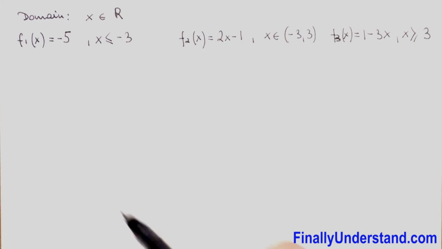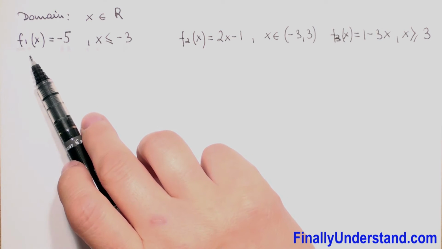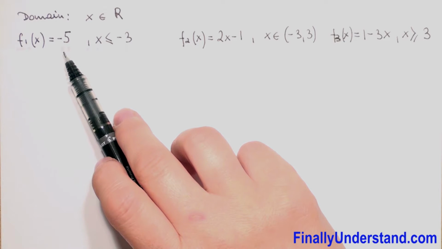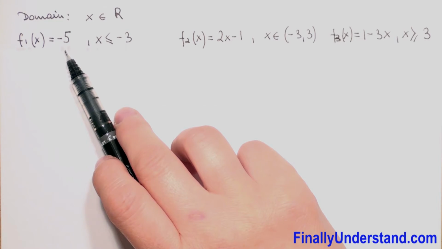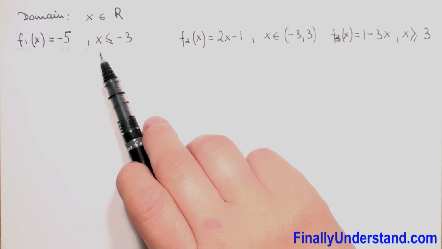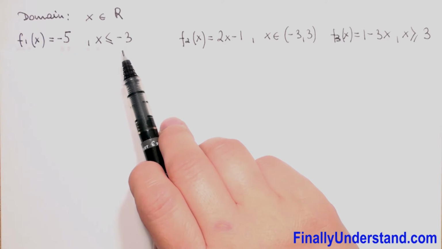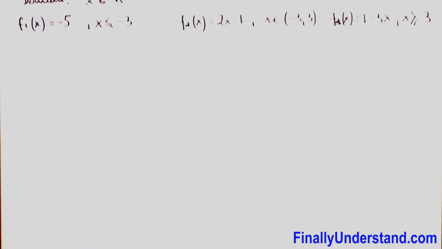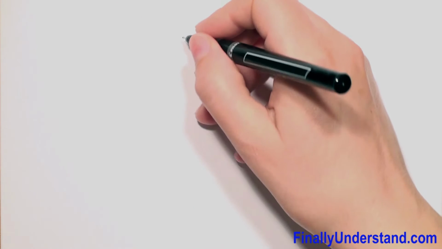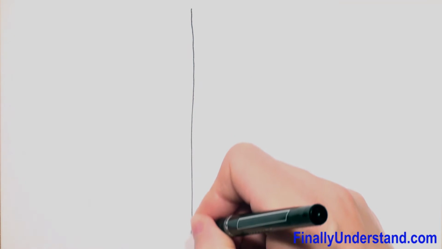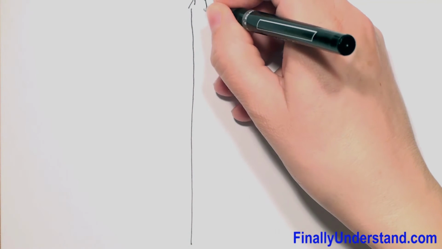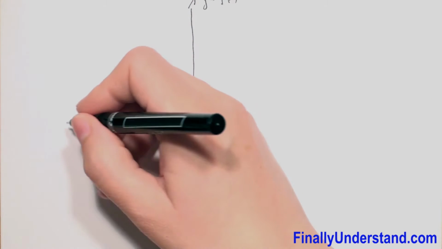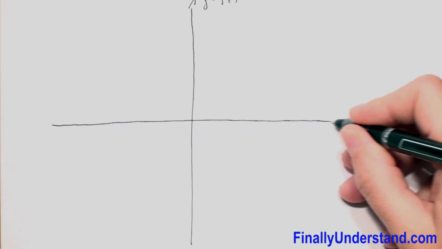First we will draw our first function f1. This function is constant. All values are equals -5 for x less than or equals -3. So let me draw xy plane. Y equals f of x and x-axis.